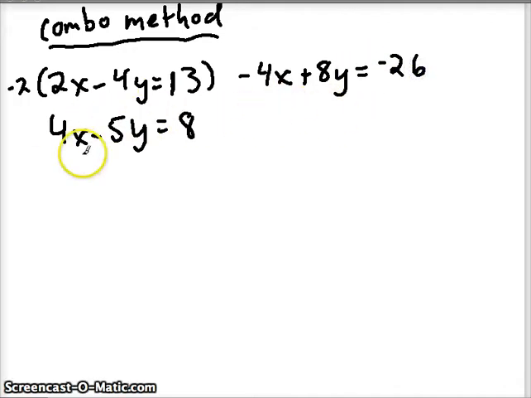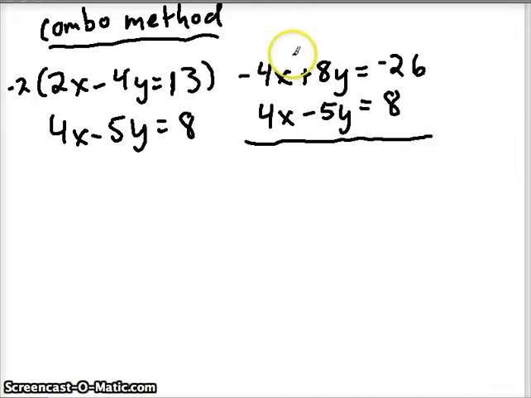So let's move this equation right below it again so it's easier to combine. And now I simply combine the top and bottom equations. So the negative 4x and the positive 4x are going to go away when I combine these equations. So no more x's. But now I have 8 y's, and I'm going to subtract 5 y's, so I get 3 y's.